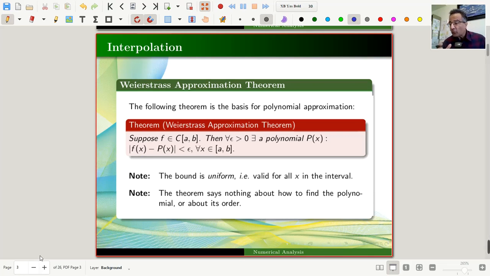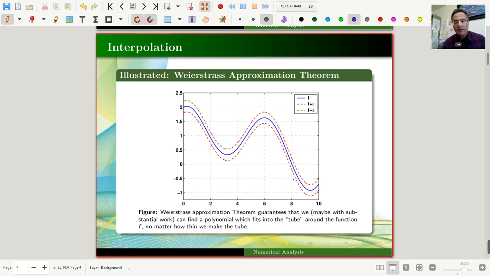But what we need is how to find this polynomial. This is the geometrical illustration for the Weierstrass approximation.